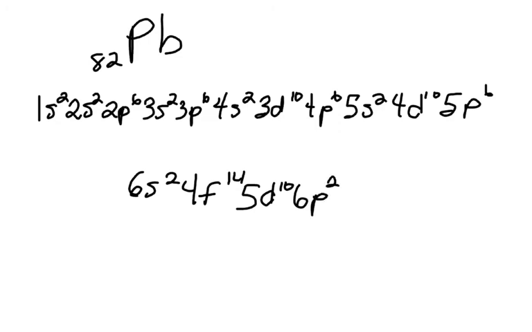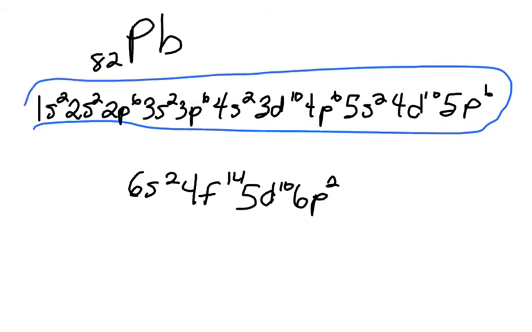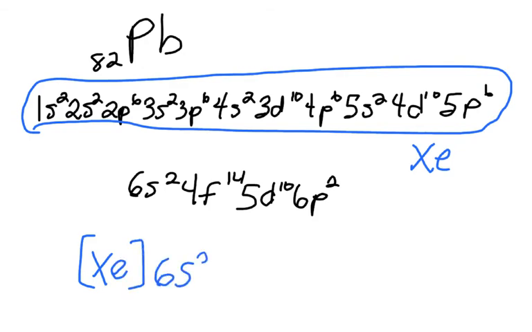Well, that's an awful lot to write, and it's a pain in the butt. If you look at this electron configuration right here, if you count up all the electrons, that's 54 electrons. This is the electron configuration of xenon. So I can actually rewrite this electron configuration using noble gas shorthand, using xenon.